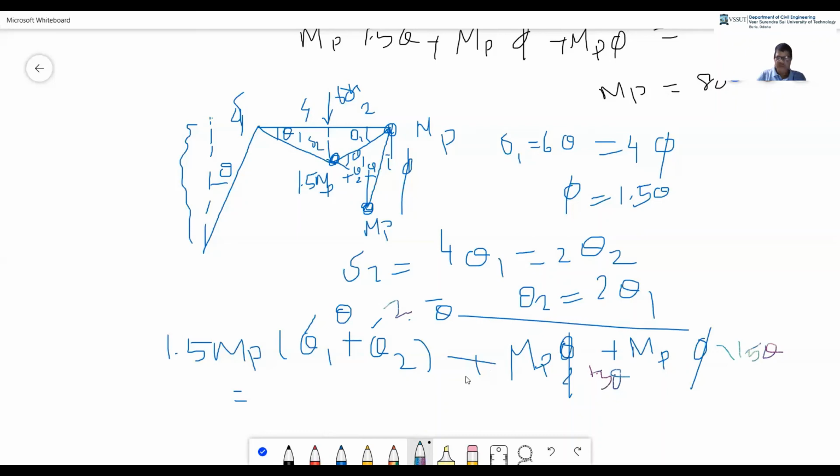Here we are leaving another thing: it is another MP into theta 2. So combine all these things, and this will be equal to the external work done.